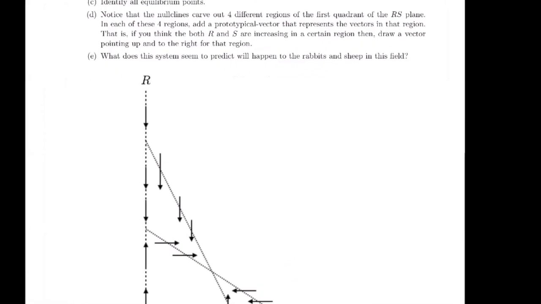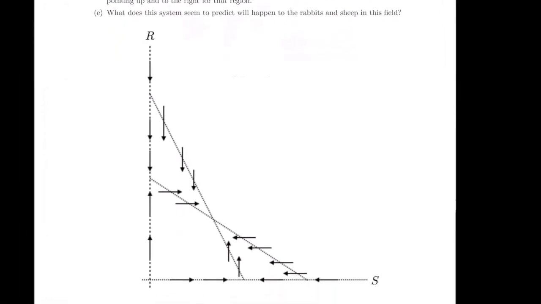I don't think rabbits would try and eat sheep or vice versa, but they do have a competitive relationship in the sense that they eat the same food. So we have different dynamics from the rabbits and the foxes here. And I just want to be clear that we're thinking about R as the Y and S as the X here.